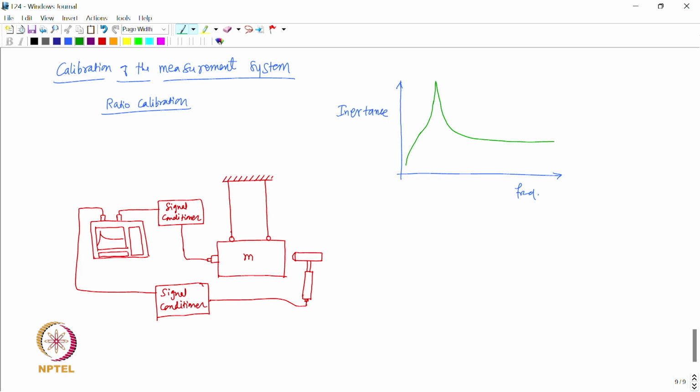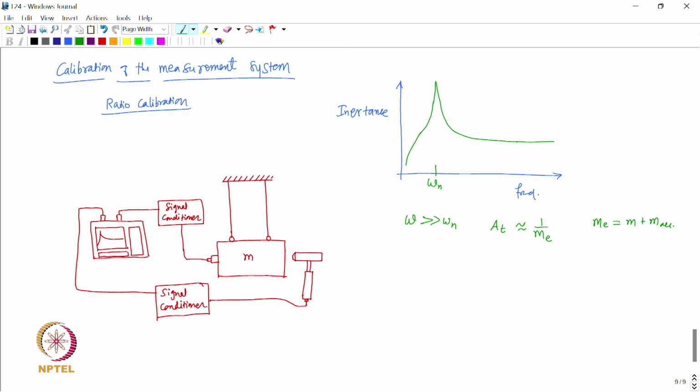Okay. So, what we note is that this is the natural frequency of the pendulum, right. For the frequencies more than omega n, the inertance AT, right, T is for theoretical estimate of the inertance, is approximately equal to 1 upon m, or maybe we can call it effective mass, correct, because this effective mass can take into account the mass of the pendulum plus the mass of the accelerometer, because that is also being attached to the mass.